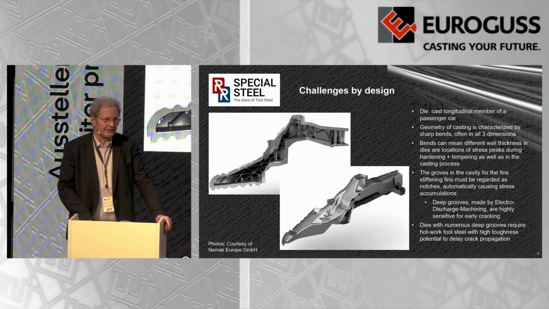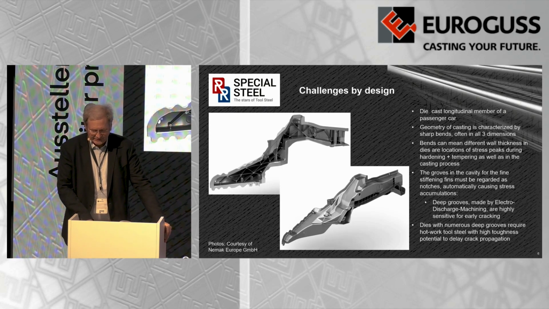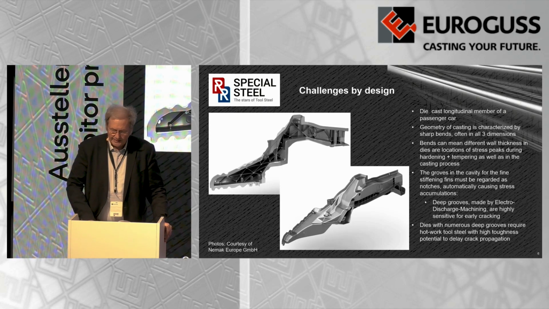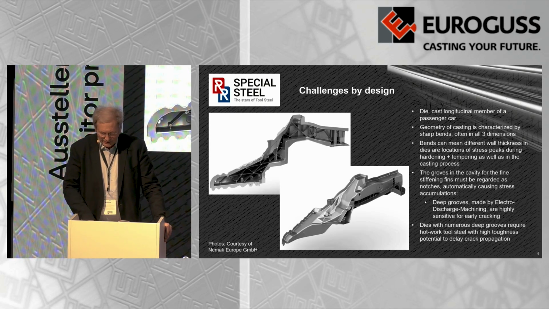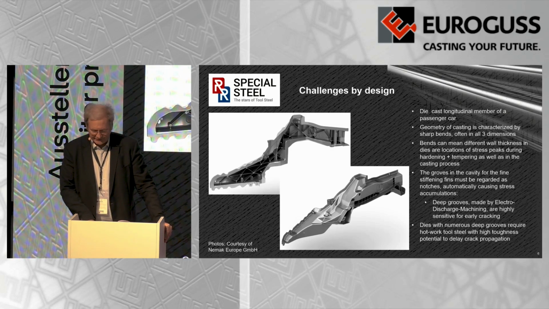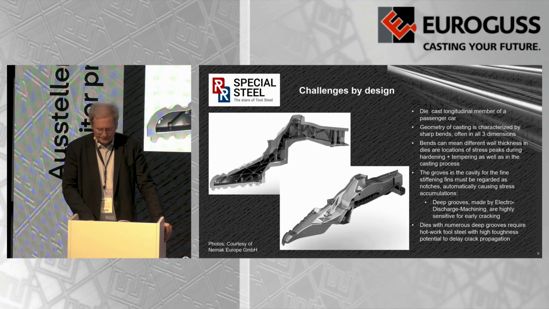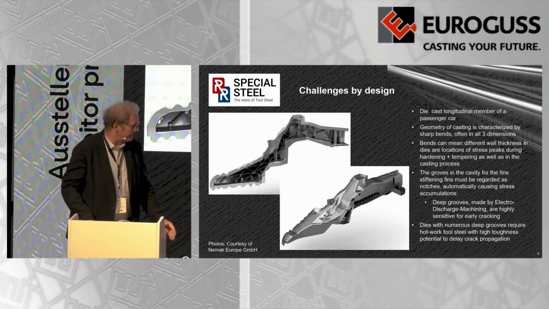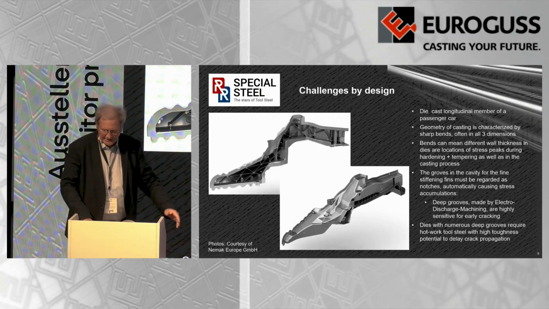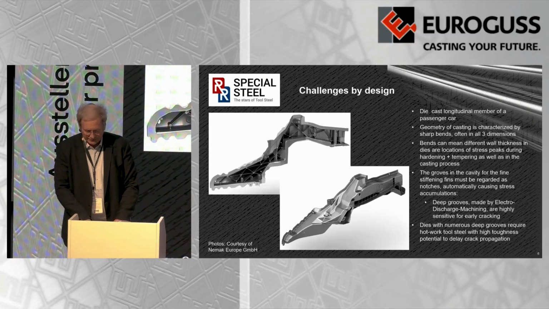And sharp bends in the geometry means different wall thickness in the die. In such positions, we typically find high stress concentrations, both during hardening and tempering, but also later on in the die casting process. We see many stiffening fins here in the cast product, which stabilize the product.